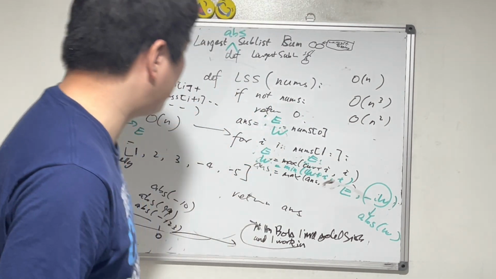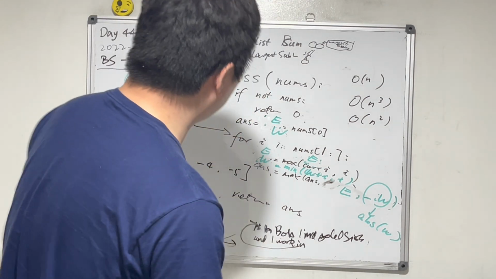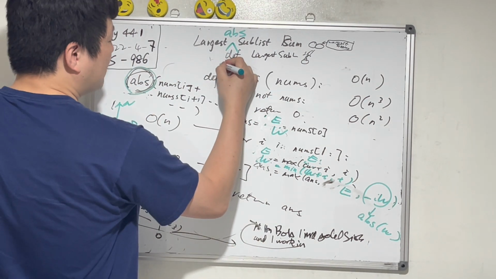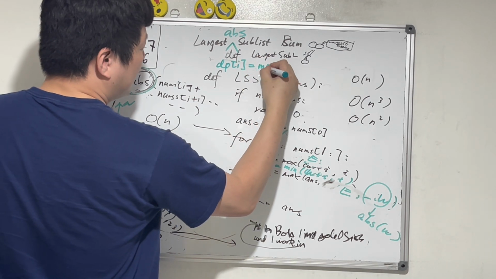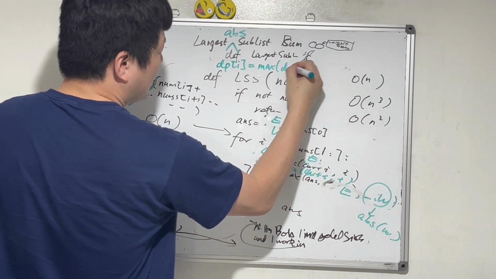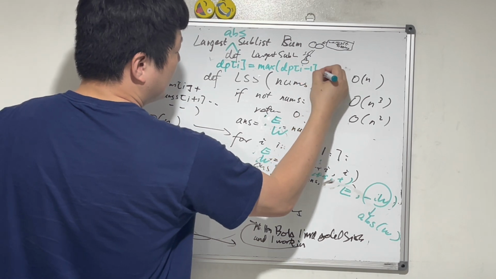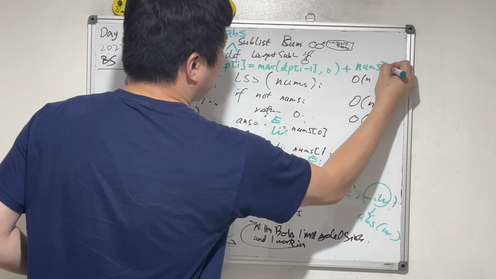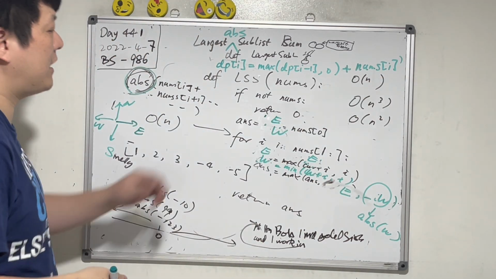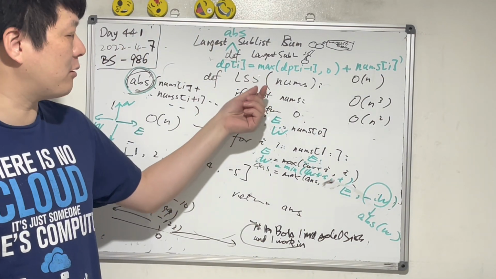Let me just write it again one more time. So DP I is the numbers I. Let me explain this one more time. This is the key takeaway of dynamic programming.